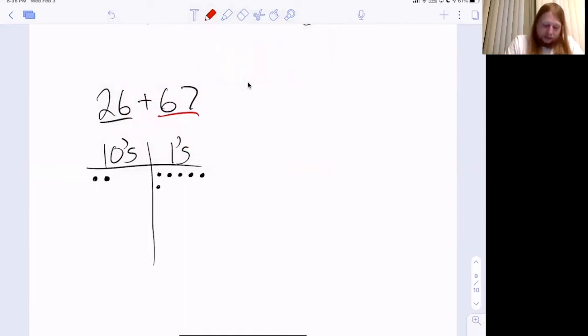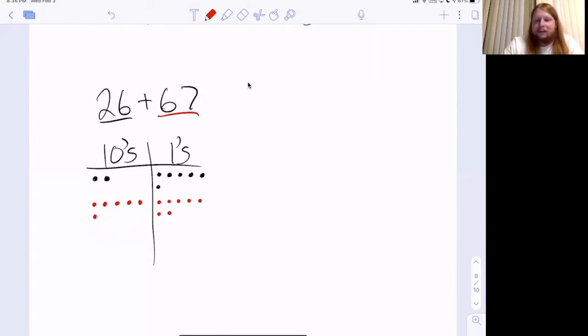We have 6. 1, 2, 3, 4, 5, and 6. How many ones do we have in 67? We have 7. 1, 2, 3, 4, 5, 6, and 7.